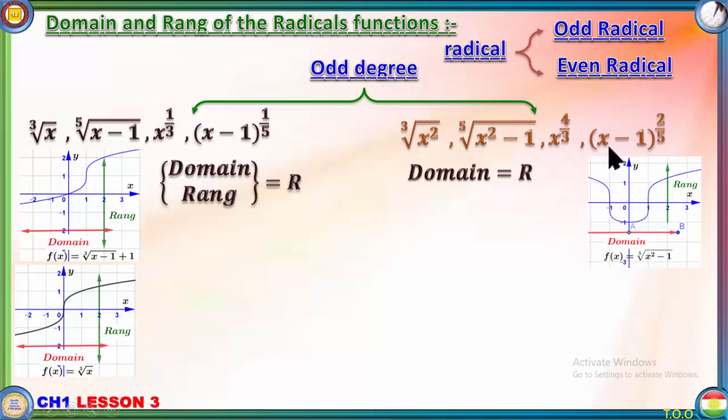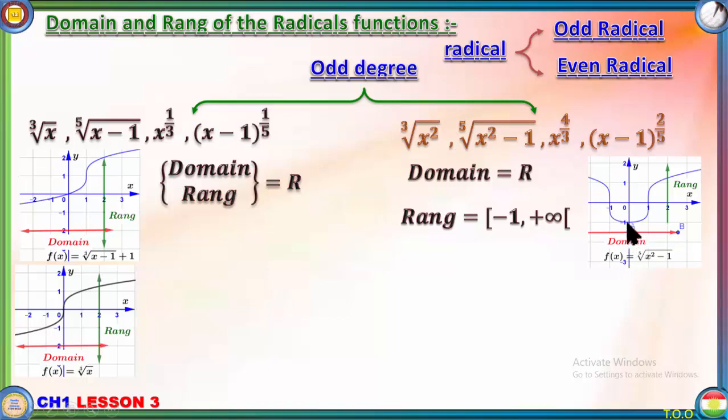Here, when we make x minus 1 equal 0, then x is equal to 1. Replacing 1 here, it becomes 0. Then the range begins from 0 to positive infinity. As you can see in this graph, the function is the cube root of x squared minus 1, which we said here.